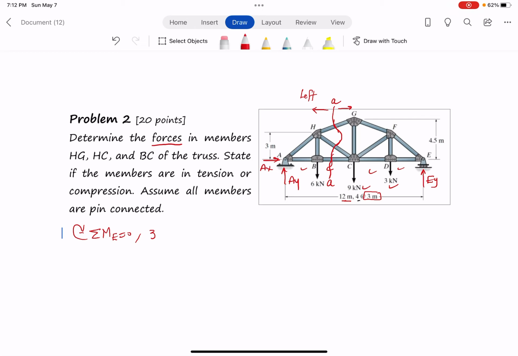So it's 3 meters each. So 3 times 3. And then this force is also positive, 9. Of course, 9 times 3 plus 3 is 6. And this force, 6, is still positive, 6 times 9.